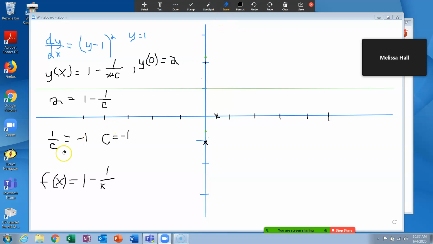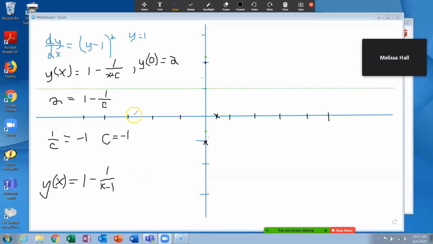I hate making mistakes with this because it's so hard to correct them. Okay, so this y of x now is equal to 1 minus 1 over x minus 1. Agreed? Yes. Okay, because c is now a negative 1.